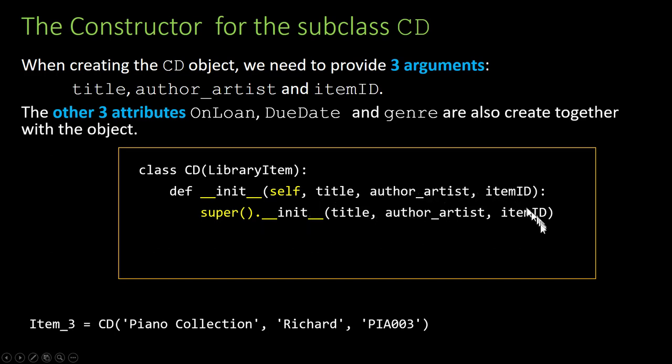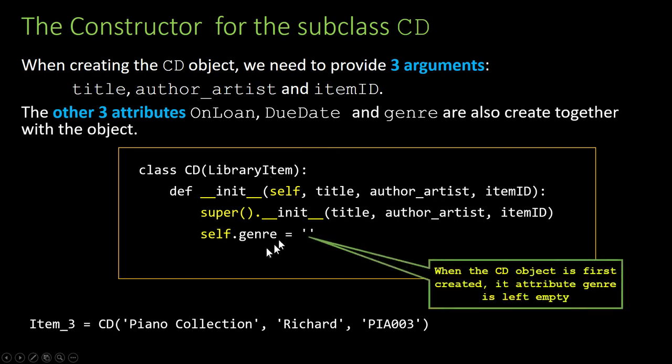And when they are passed to the parent class, the other two attributes, onLoan and dueDate, will be created. The parent class does not have the attribute called genre, so it has to be created in the subclass here. When you first create the CD object, the genre is left empty, so we use an empty string.